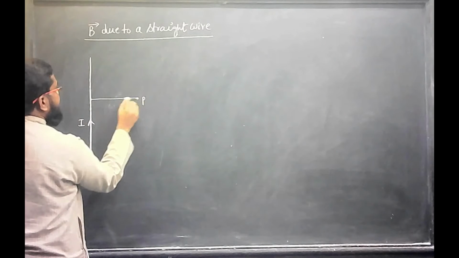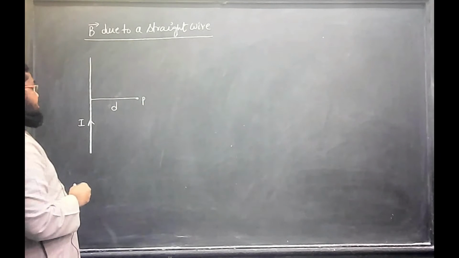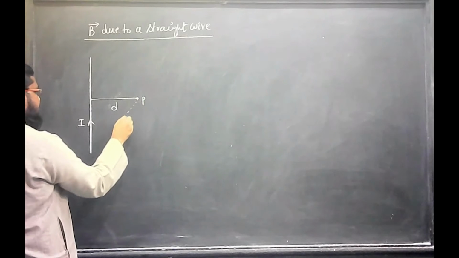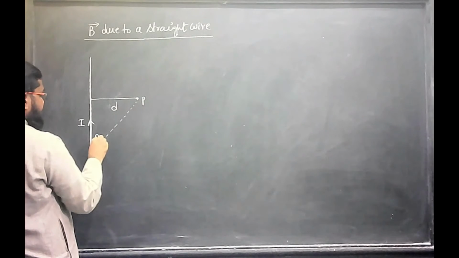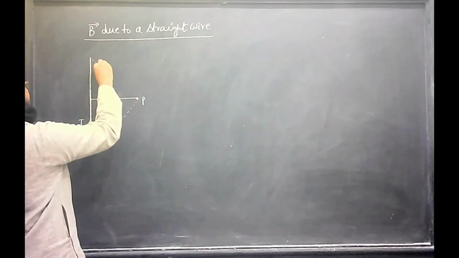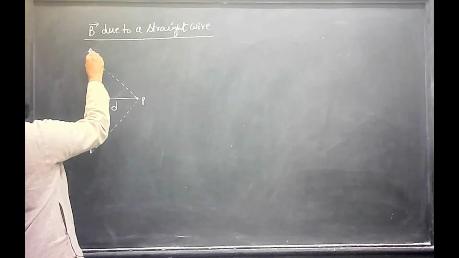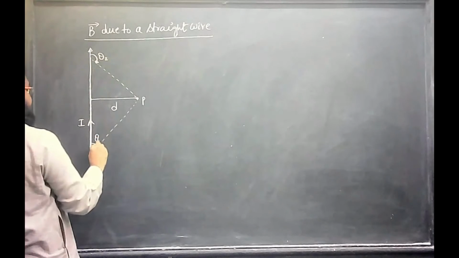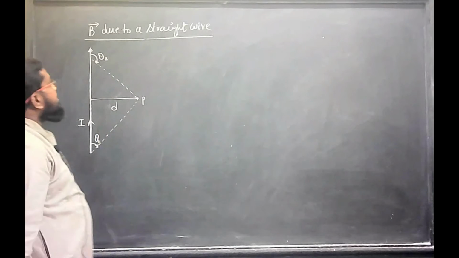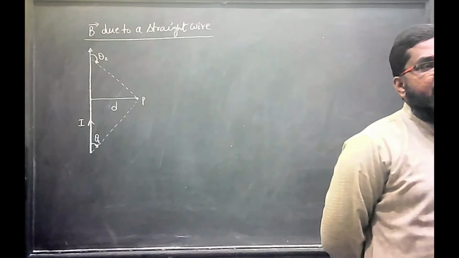Let us say this is at a distance of D. This is the lowest end which makes an angle theta1 here, this is the topmost end, and this is the current direction which makes an angle theta2 here. Theta1 and theta2 are the angles made by the ends at point P.